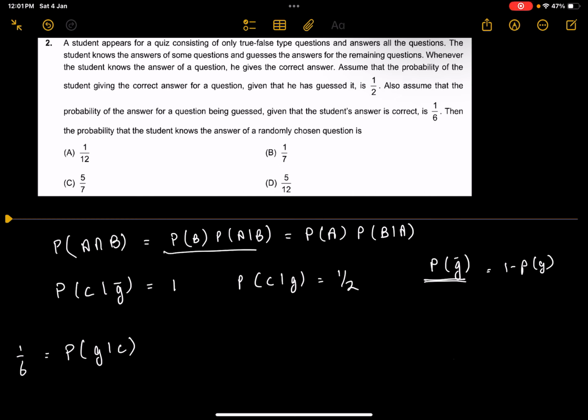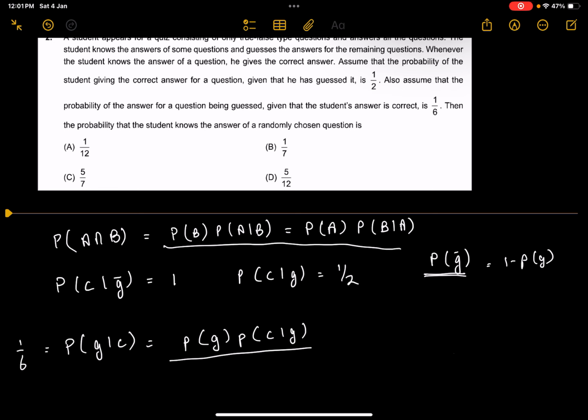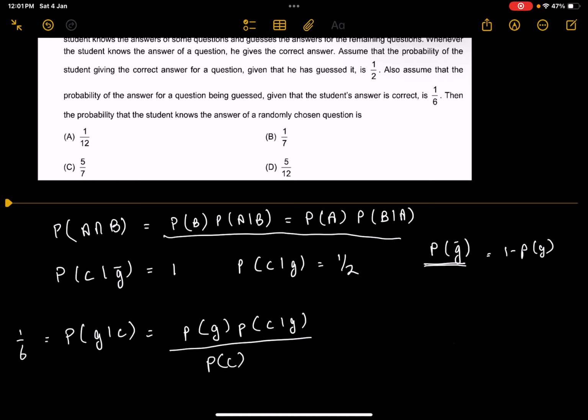But now using this, we know that P(G given C) is equal to P(G) into P(C given G) upon P(C). That is, given the question was guessed, the probability of getting it correct into the probability that the question was guessed, upon the total probability of the question was correct.